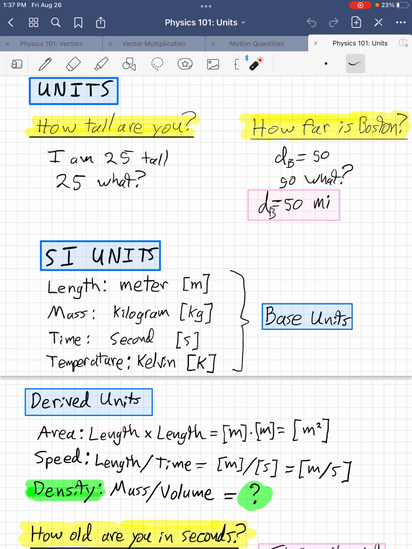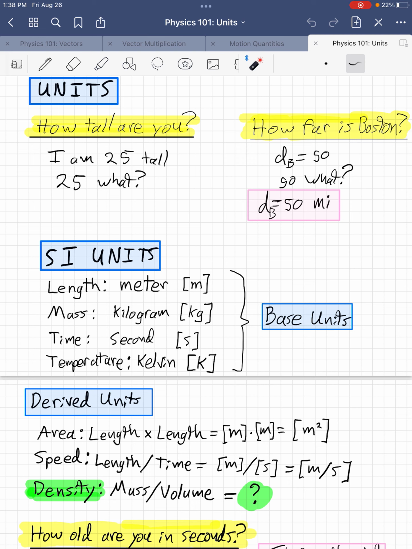So another classic example, how far away is Boston? If we write this symbol D with subscript B, distance to Boston, if we said it was 50, again, it'd be kind of a useless statement, right? 50 what? 50 millimeters? 50 kilometers?